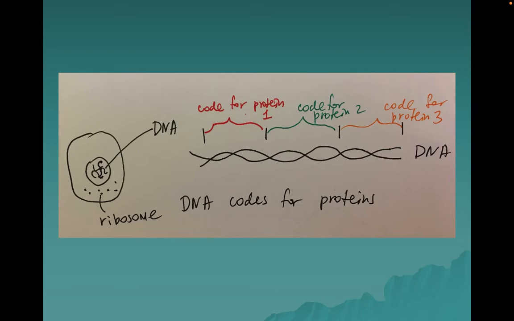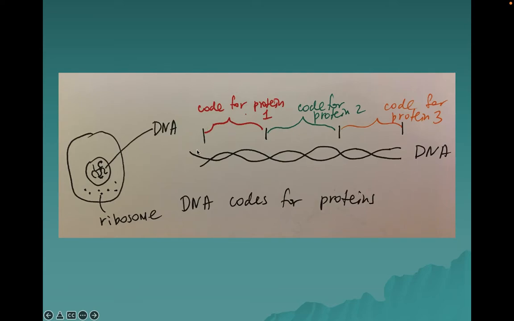So your protein would be your finished dish, and DNA contains reams and reams of instructions on how to produce different proteins. For your body, you need roughly 100,000 different proteins. So overall, DNA codes for every single protein that your body needs.